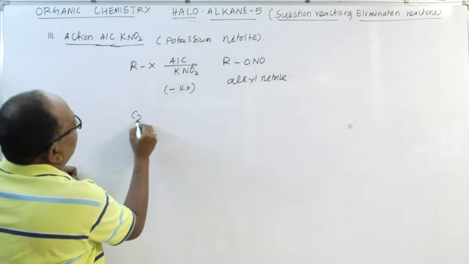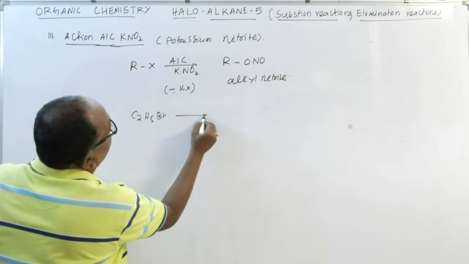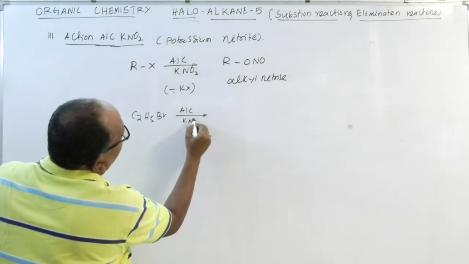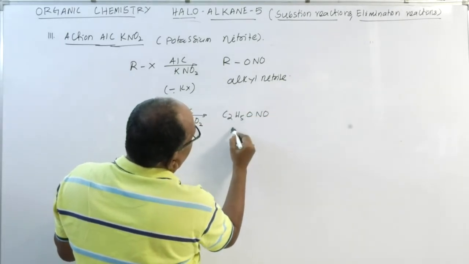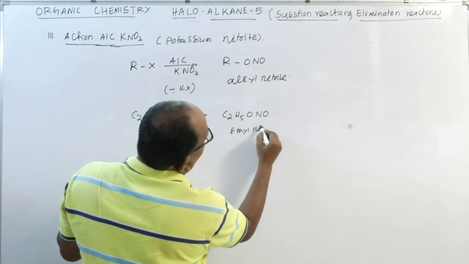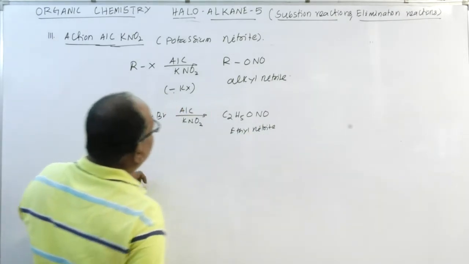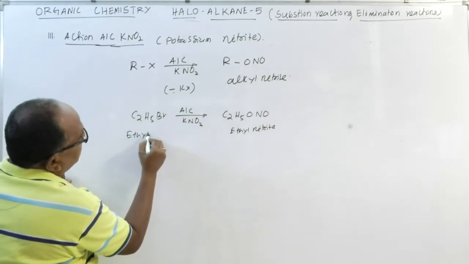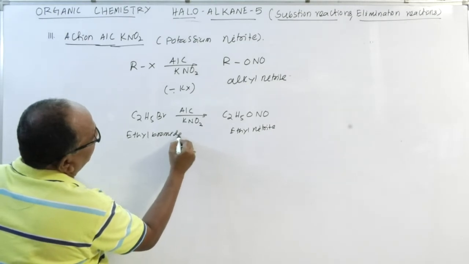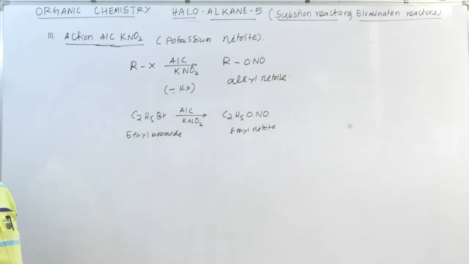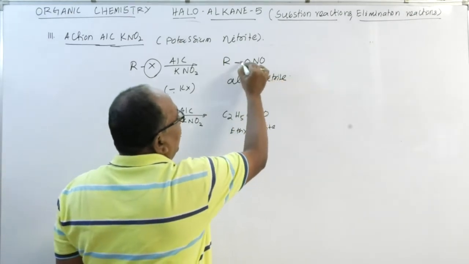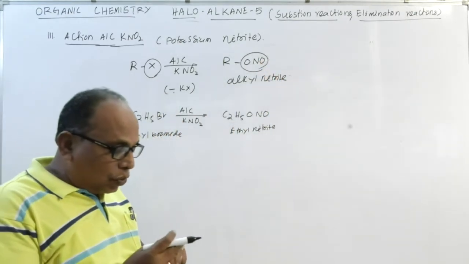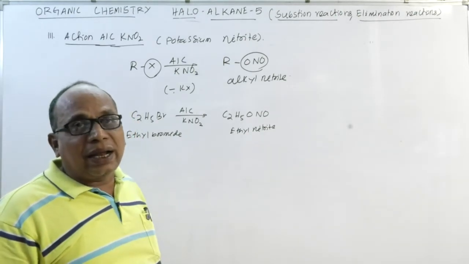Suppose you take ethyl bromide and react it with an alcoholic solution of KNO2, it gives you C2H5ONO. This is called ethyl nitrite. That means the halogen atom of the alkyl halide is substituted by the nitrite group, in which the oxygen atom carries the negative charge.